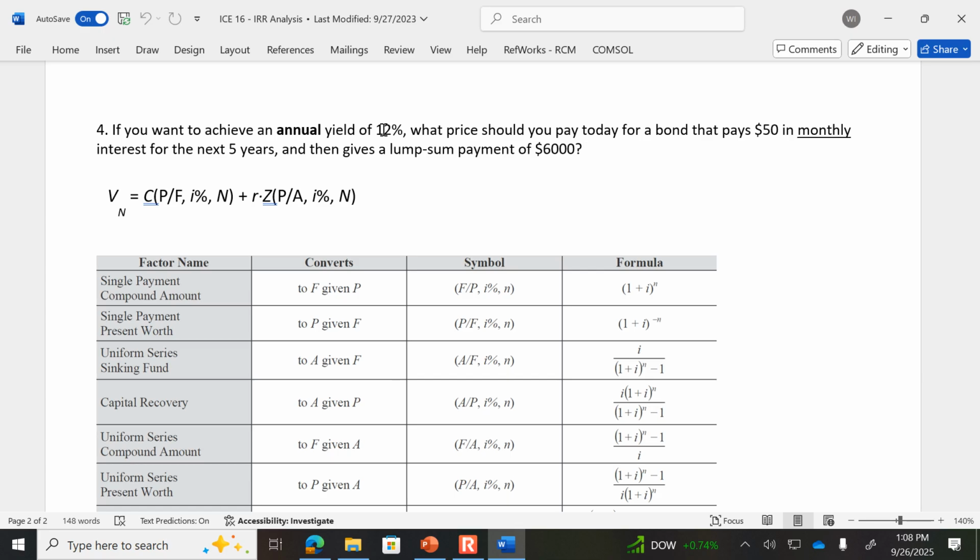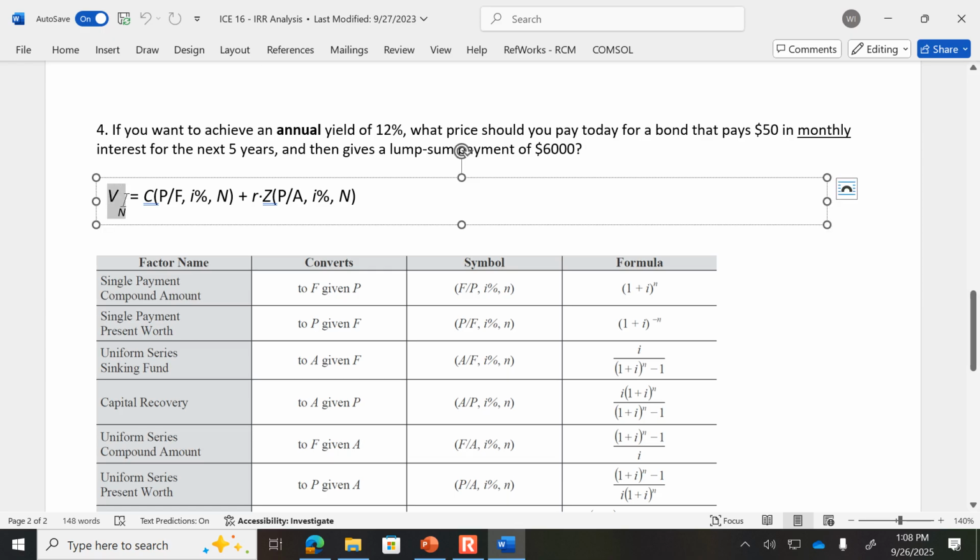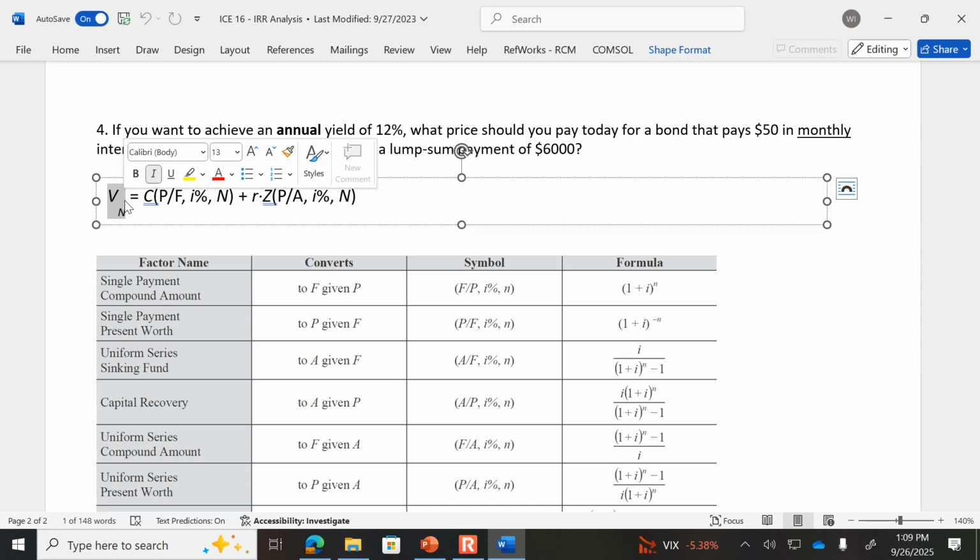So it's 1% per period, that is I. So this is find the lump sum present value, where if we draw the cash flow diagram, we're going to get these periodic payments of $50 until we get to the end, in which case we still get the interest and also the lump sum. So the uniform series is $50, and that continues through the 60th. And then there's also the lump sum of $6,000.